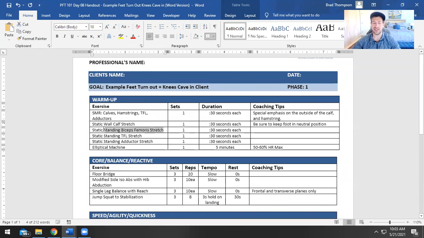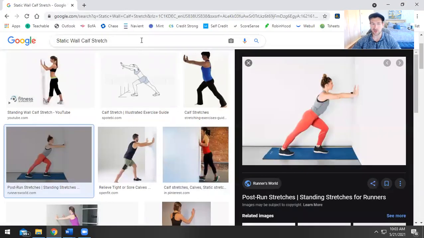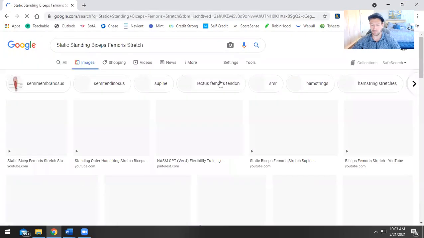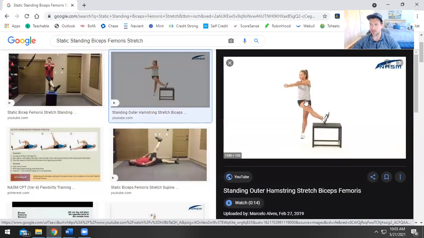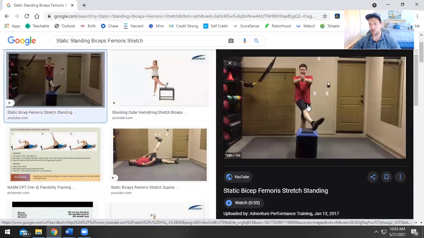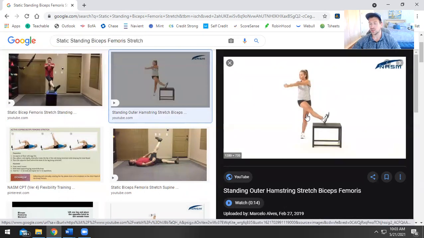Then she's going to do a standing biceps femoris stretch. So this stretch is kind of a pain in the butt, but this is right for the back of that hamstring. Looks a little weird. I know it doesn't look like your traditional touch your toes hamstring stretch, but trust me, guys, this muscle is an external rotator.